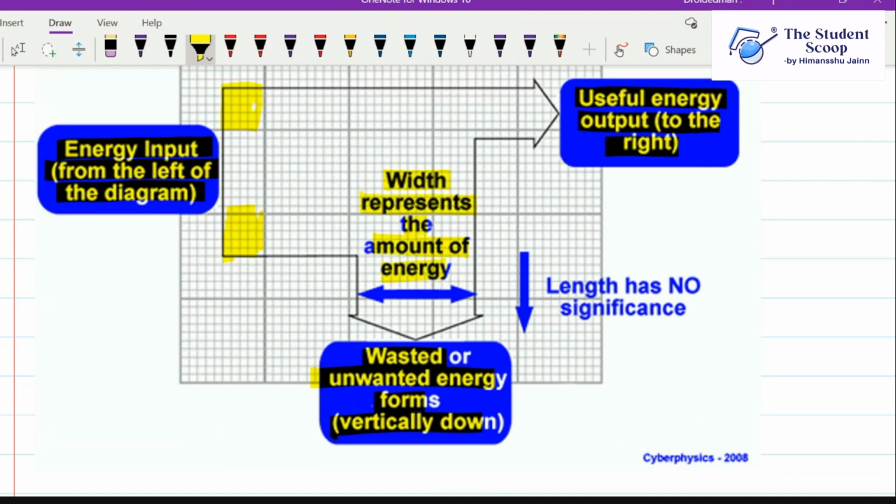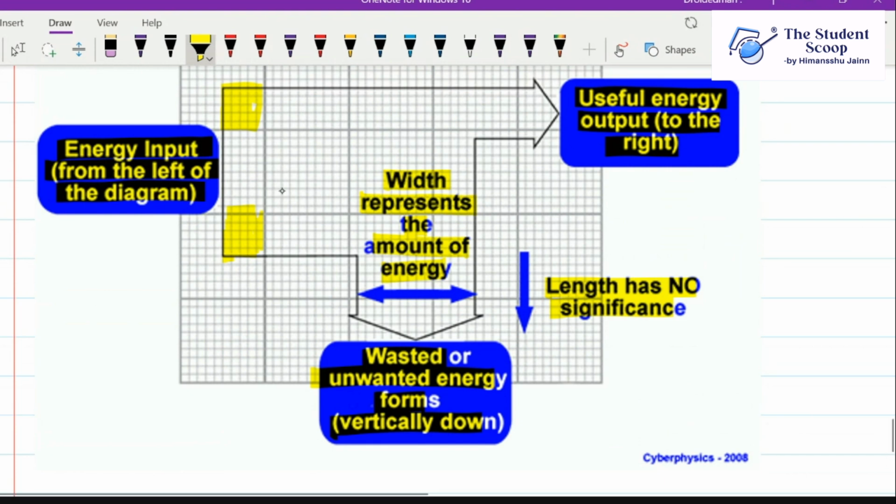If too much energy is wasted, then we can have a broader downward acting arrow, or if too little energy is wasted, then we can have a very narrow downward arrow. So always remember we draw all the wasted energy in the bottom part, and the length has no significance, how long you draw it has no significance. The width size is what is important. Okay, so this is what a Sankey diagram is.